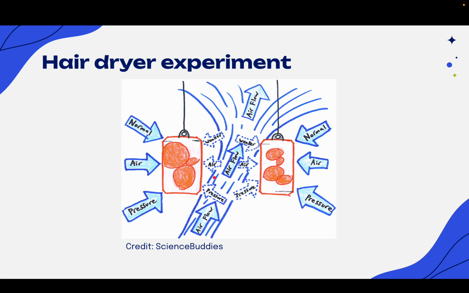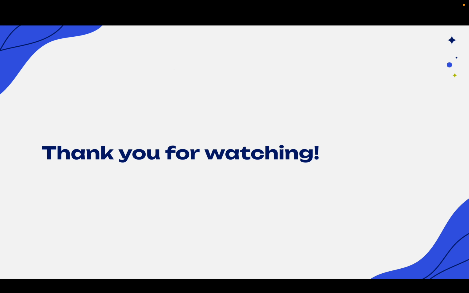Because of the difference in pressures, a net force will be caused between the cans, and then they will eventually collide when we do the hairdryer experiment. For more detailed procedures, we will post a link for this.